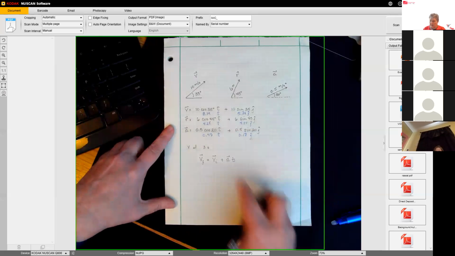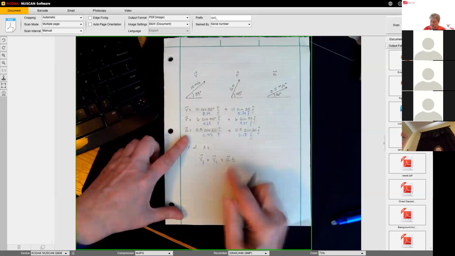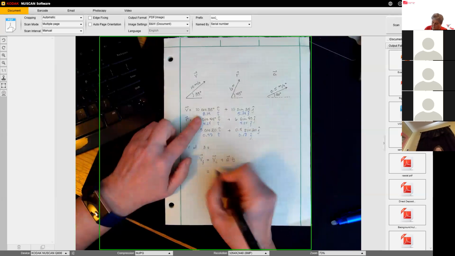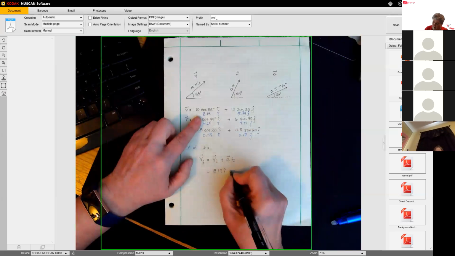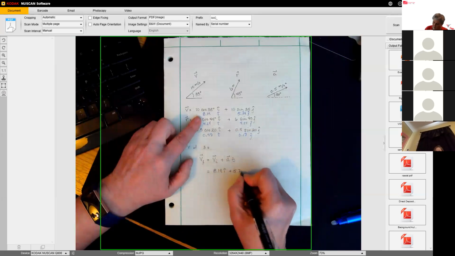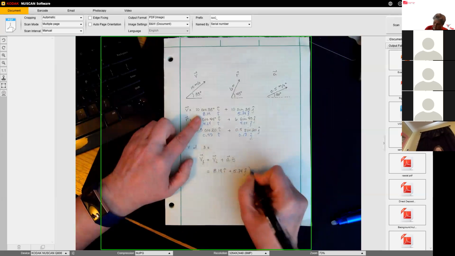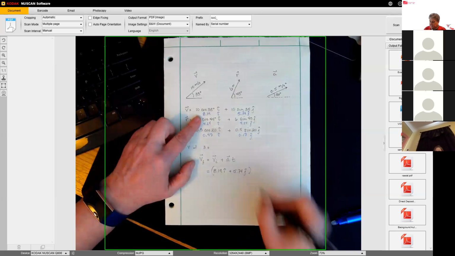Now that is a scalar quantity. So this is going to equal my 8.19 I plus my 5.74 J, because that's my initial velocity vector.